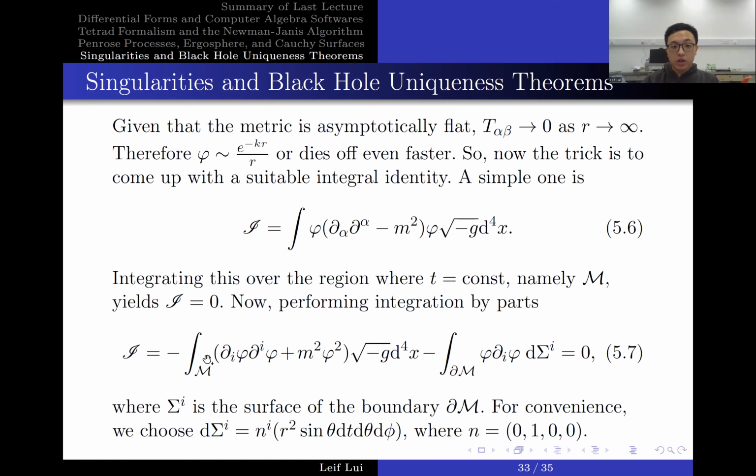And now by performing integration by parts, we obtain these two expressions for the integrals, where Σ is the boundary of the surface, ∂M. For convenience, we integrate over the sphere. So this is the integral over a sphere.